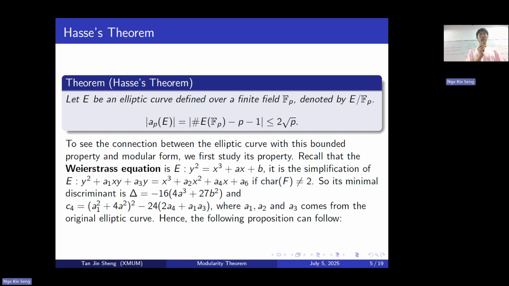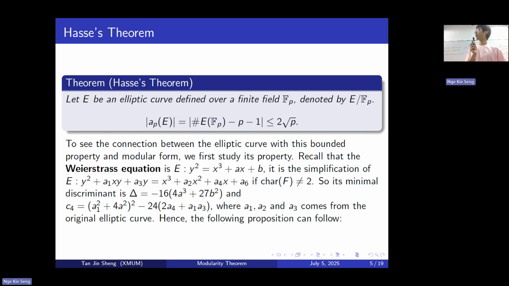To see the connection between this elliptic curve with this property and modular forms, we study its properties. It is non-singular and smooth. Recall the standard equation of an elliptic curve is called the Weierstrass equation. It's a simplification of the original equation that Junhong presented before.